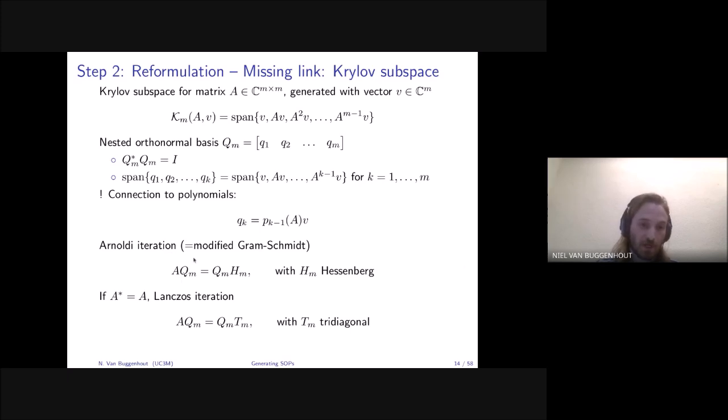Then we get a recurrence relation: A times Qm equals Qm times H, which is a Hessenberg matrix. So this is a recurrence relation on the basis vectors q1 up to qm. If A is Hermitian, then we get the Lanczos iteration. Then it's the same relationship, but now this matrix is a tridiagonal matrix T.